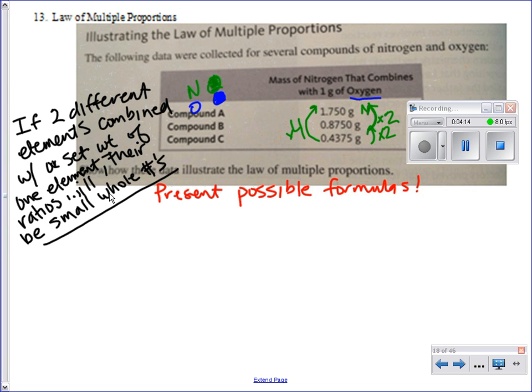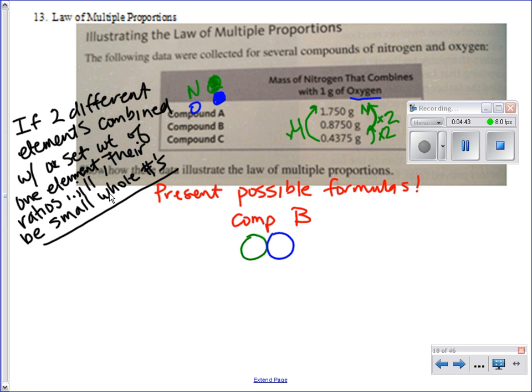Because I kind of know where this problem is going, I'm going to arbitrarily pick compound B first. I'm going to start with compound B, and I'm going to say that in my arbitrary compound B, it is 1 nitrogen to 1 oxygen. I'm arbitrarily assigning it 1 to 1.